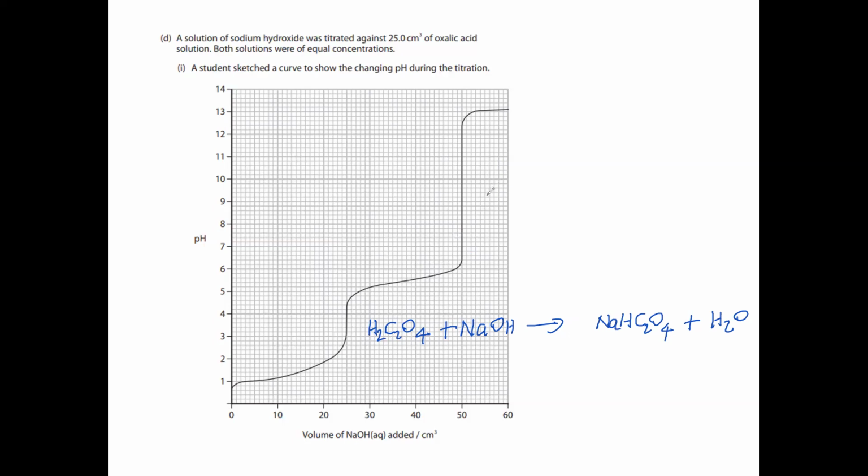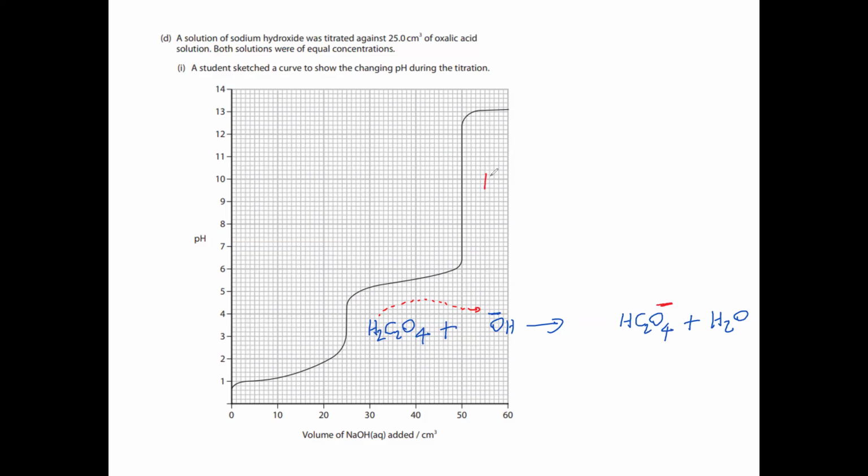Then for the second one, there's another endpoint, where you neutralize the second H plus. I'll just remove the sodium, then it will make sense, otherwise it will confuse you. So we'll assume sodium hydroxide gives only OH minus ion. The H plus ion from H2C2O4 goes to this OH minus ion forming water, so you get HC2O4 minus as a product, because an H plus ion is gone.